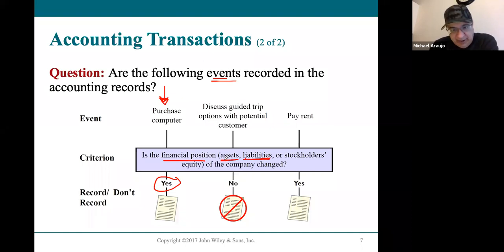That's the dual effect in action. So if it affects the financial condition of the company, yes, we are doing accounting, okay? Because it's a transaction. Remember, transactions are economic events that change the financial condition of the company when it happens.